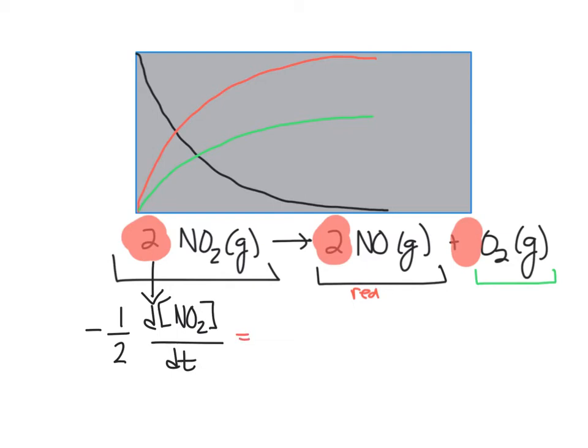And all of the products are going to be positive. Notice in this last one how I have a 1 over 1 fraction, so I can just write the change in the oxygen gas over time.